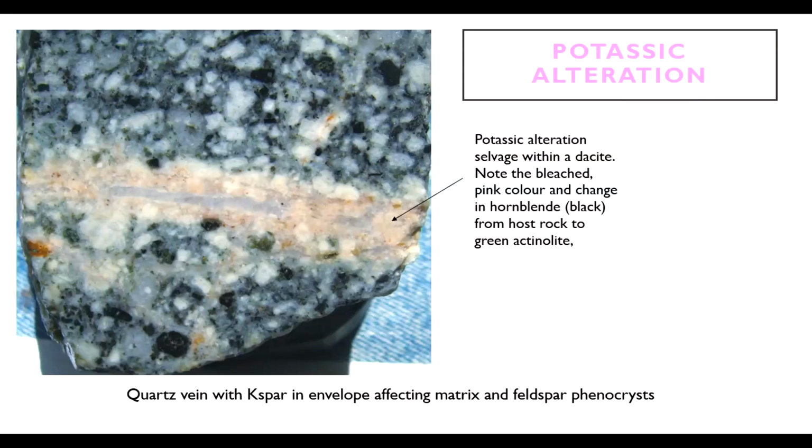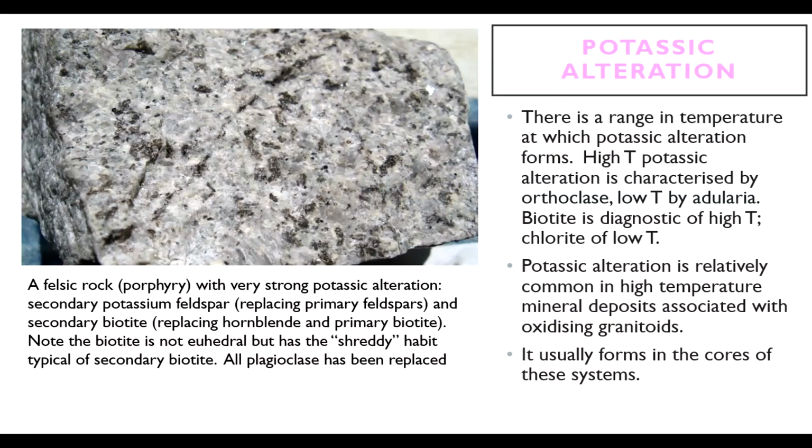Here's another example, slightly more prominent. We can see that nice selvage that's a distinct pinky colour versus the rest of that rock, which is some sort of volcanoclastic rock, potentially with a background, maybe propylitic alteration. In this case, it's gone slightly pale white, so we have to take care and make sure we can identify the right feldspars that are stable.